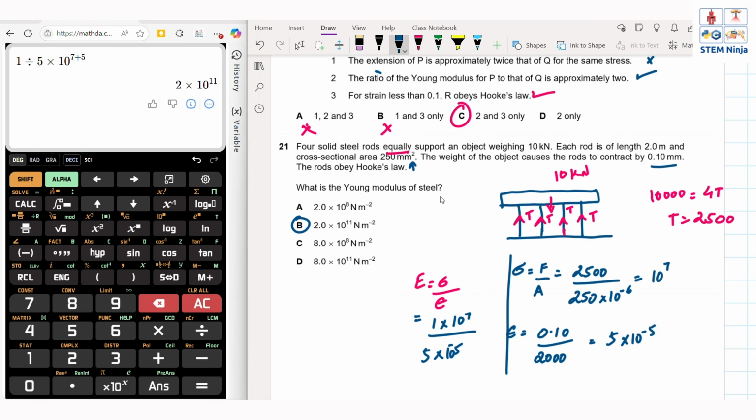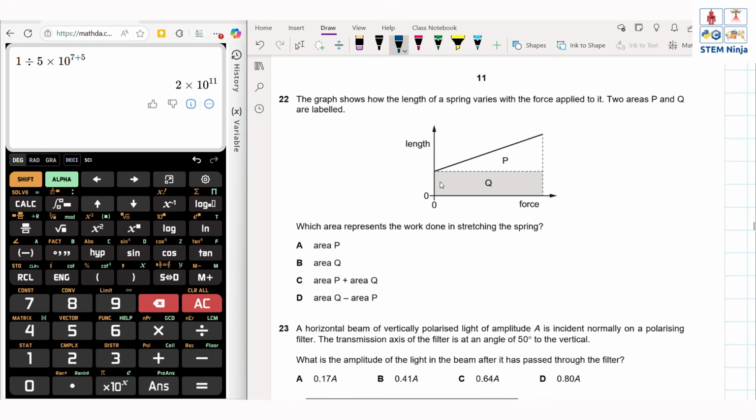All right, moving on. The graph shows how the length of a spring varies with the force applied to it. Two areas P and Q are labeled. Which area represents the work done in stretching the spring? We know that the work done is the integral of F dx.